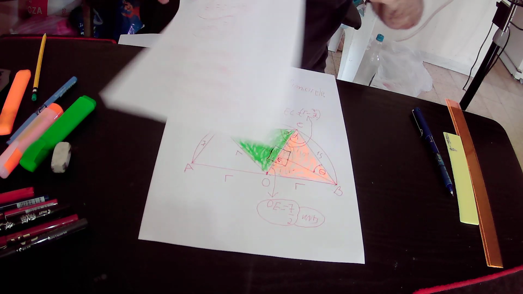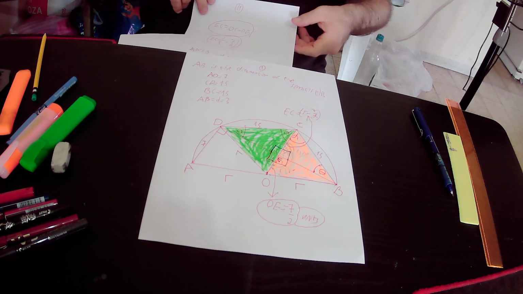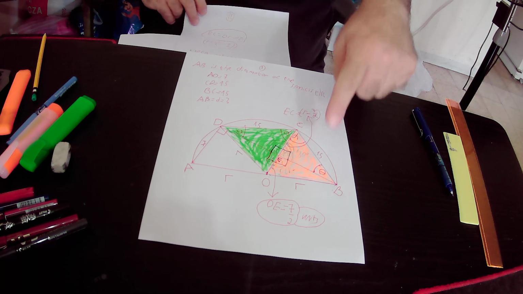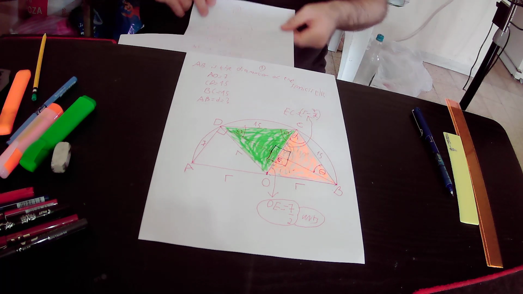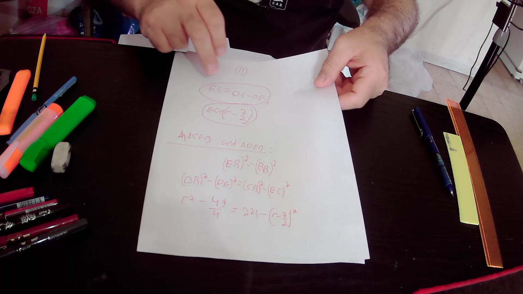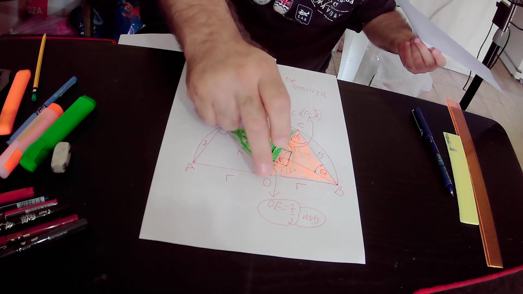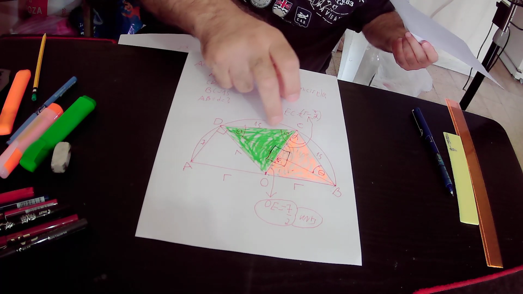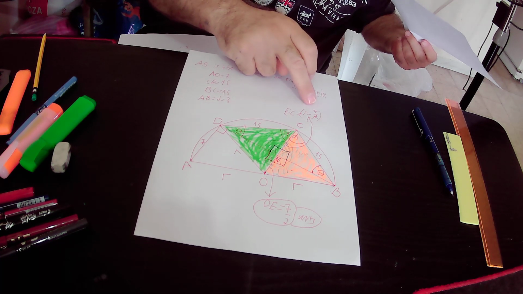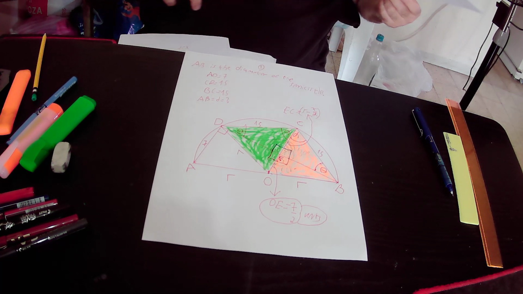But OC is the radius of the semicircle, and OE equals 7 over 2 units. So in total, EC equals R minus 7 over 2 units.